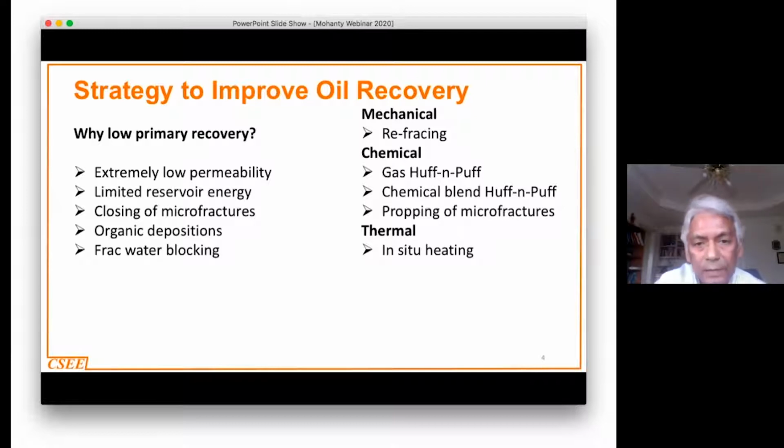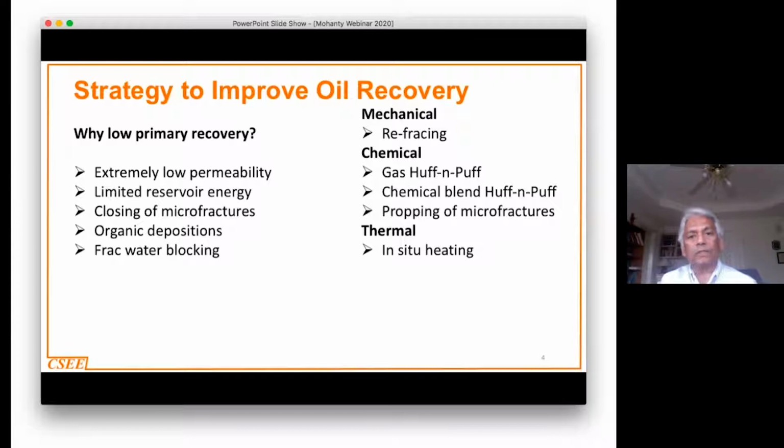We have also seen that by using a chemical blend, such as some surfactants and some other chemicals in water, we can improve the oil recovery. And these chemical blends can take out organic depositions, clear out the frac water blocking, and in some cases can improve the permeability in the matrix next to the fractures.